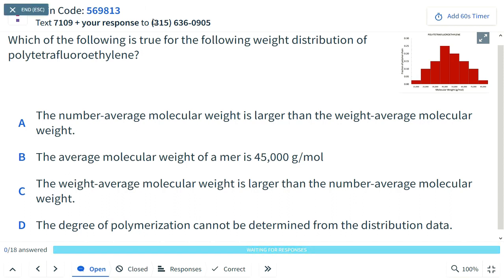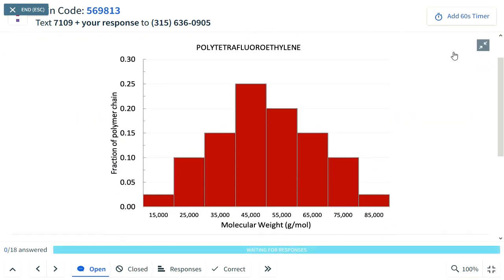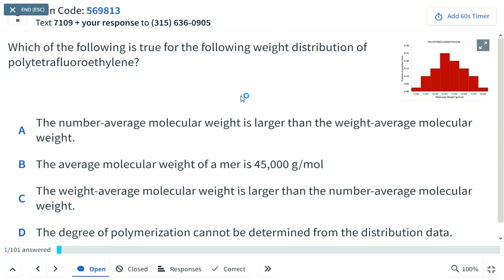In your Top Hat app, you should be able to see this plot of molecular weight distribution, and it gives you the fraction of polymer chains on the y-axis and molecular weight on the x-axis. I'm going to make this a little bit smaller so that you can see your options, but you should also see your options on your screen on your device.